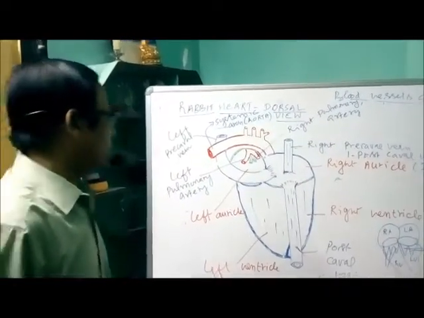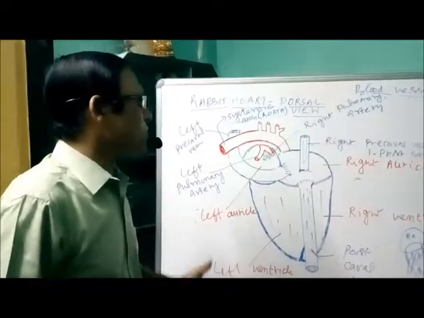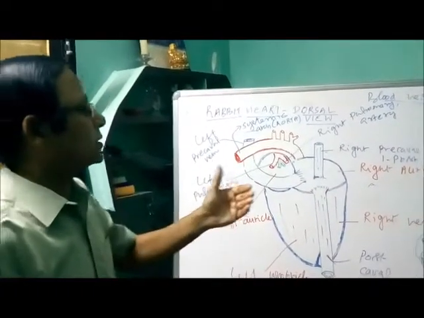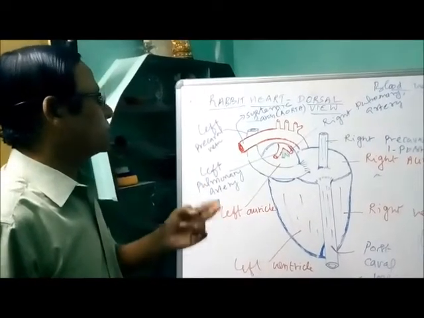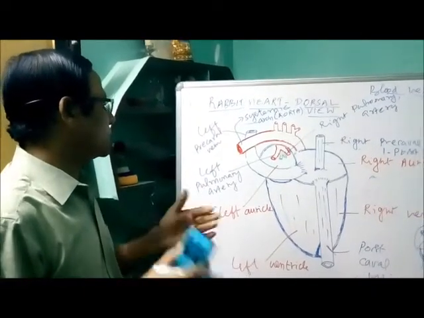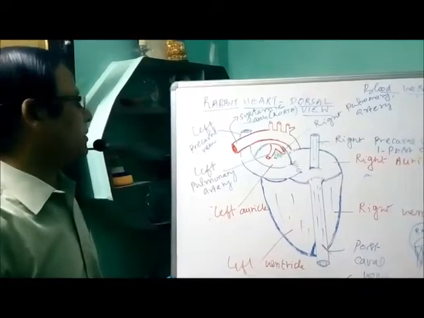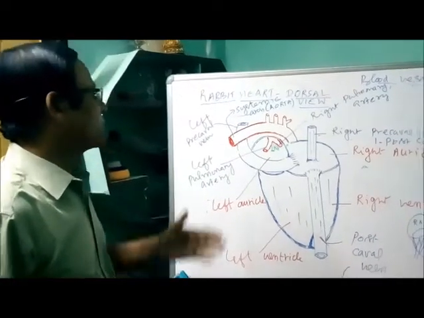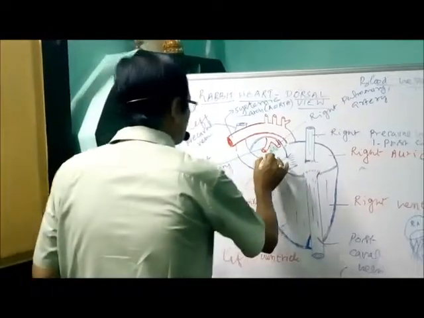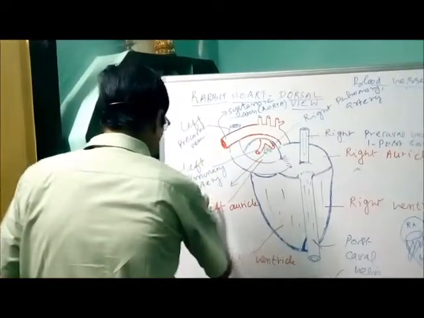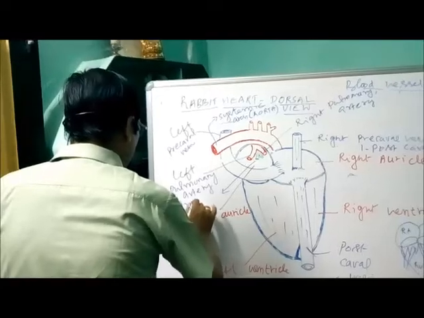Then again, after purification is over in the lungs, the oxygenated blood is carried by two pulmonary veins. The two pulmonary veins join together and open into the left auricle. Here the green one represents the pulmonary vein.